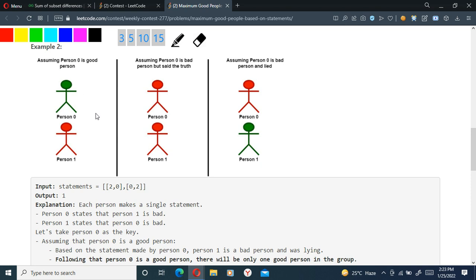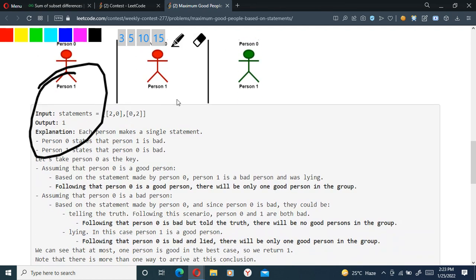If I'm assuming that person 1 is a good person, then that means he's telling the truth, which tells me that 1 is bad. Now this guy right here could be lying. Sorry. Let's take person 0 as the key.